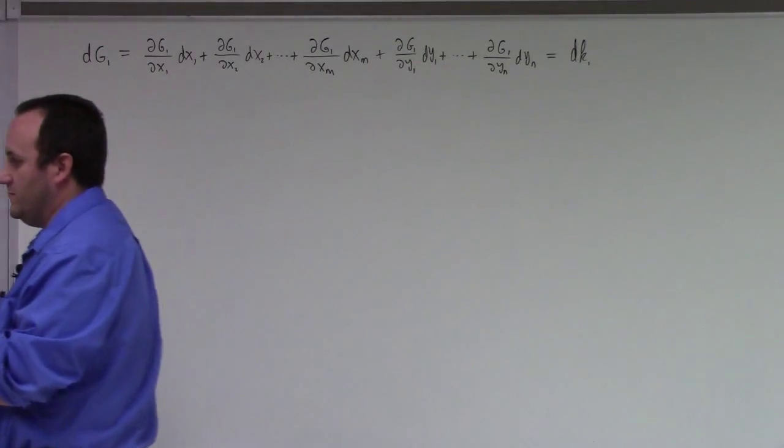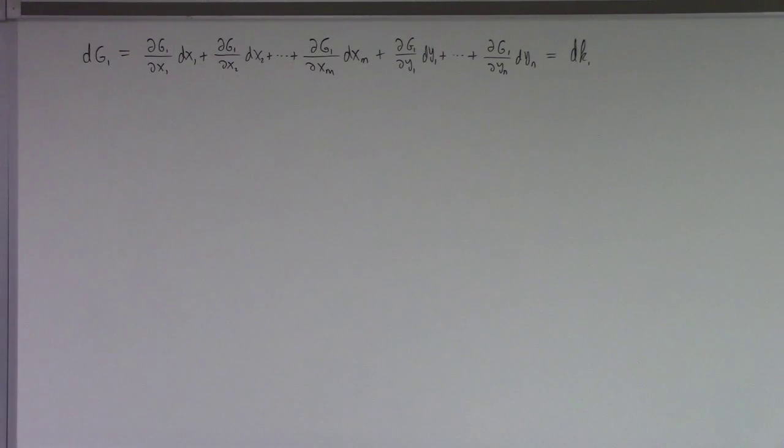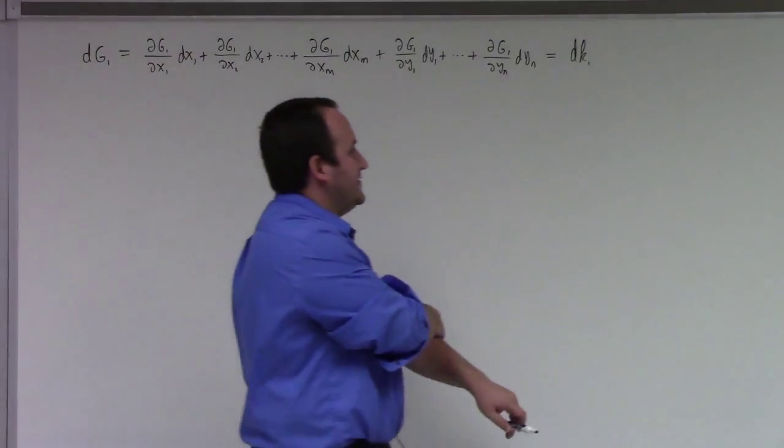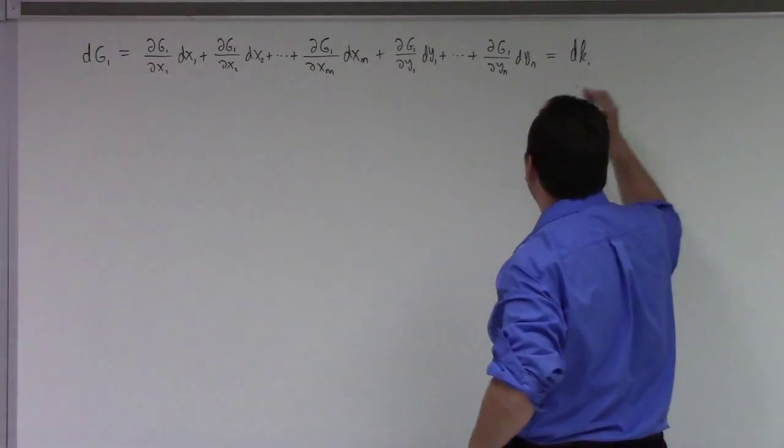What I've written, modulo the differential of k1 on the right hand side, is the definition of total differential, just formally speaking. But it will also match the Frechet derivative of the function g1 with the appropriate interpretation. What is the differential of a constant, though? That's 0, right?